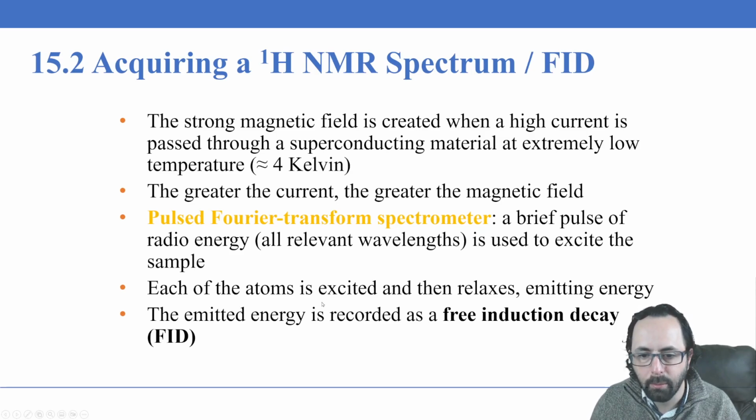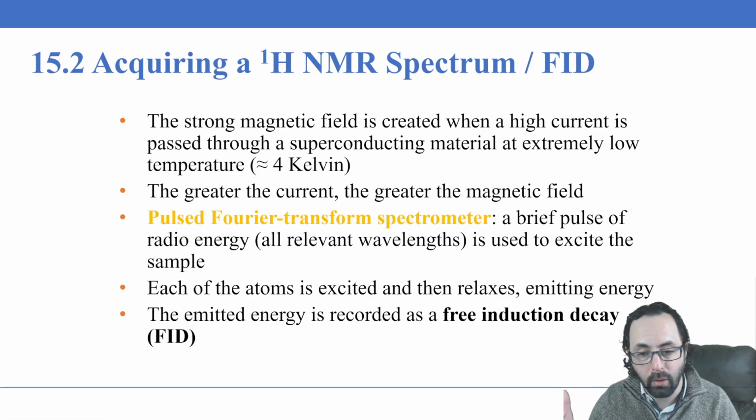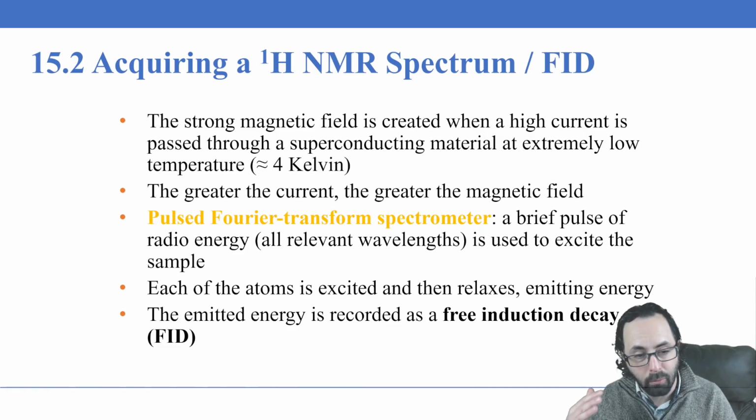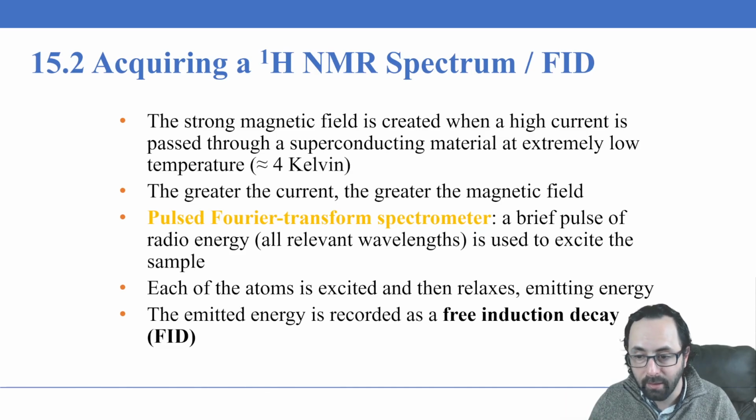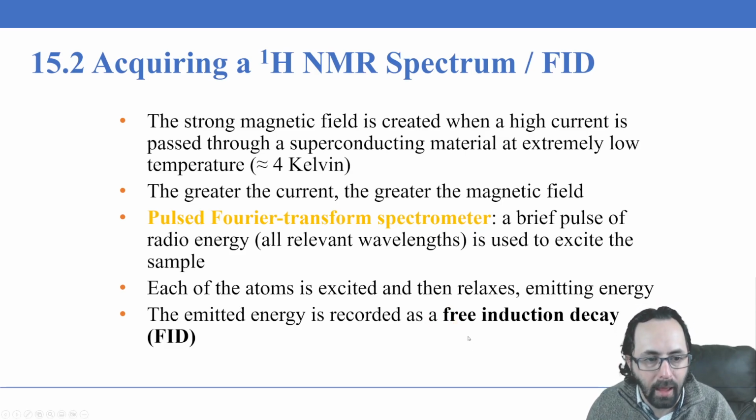Each of the atoms that is exposed to this radio frequency radiation will get excited, absorb this radio frequency radiation, and then relax, emitting energy. When this energy is emitted, it is detected by a detector, and the ultimate absorption will be determined by what's called a free induction decay.